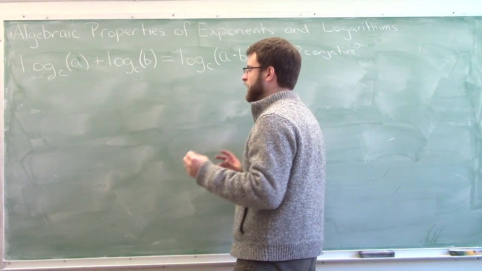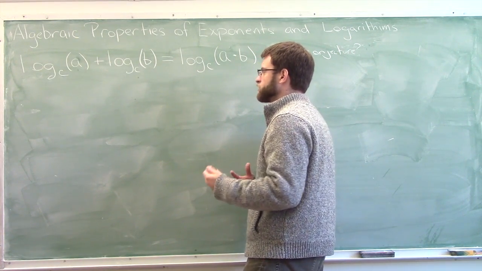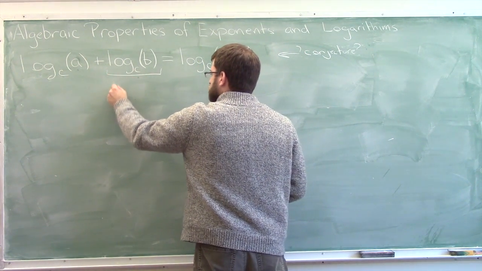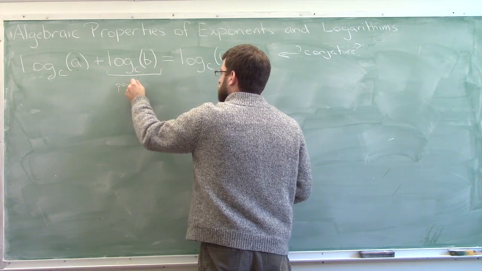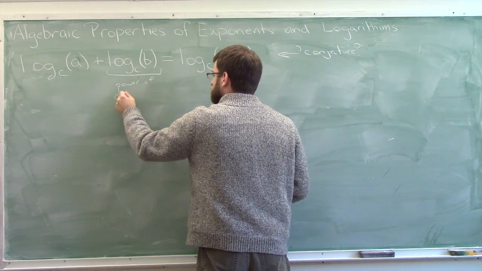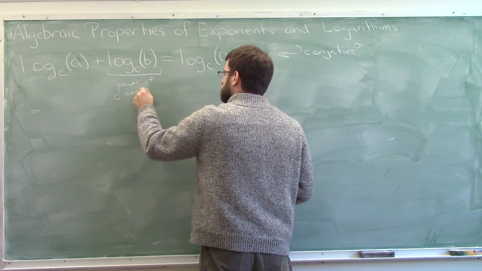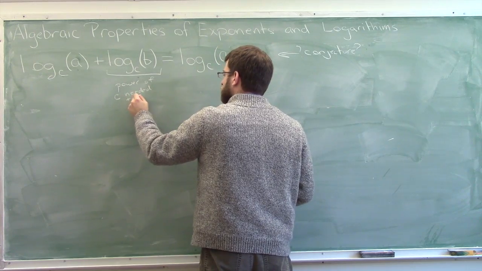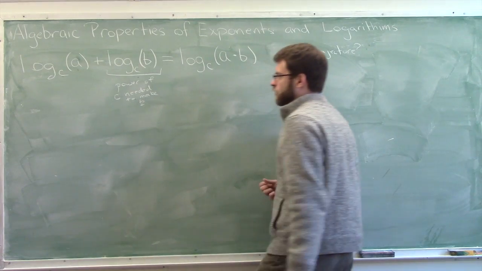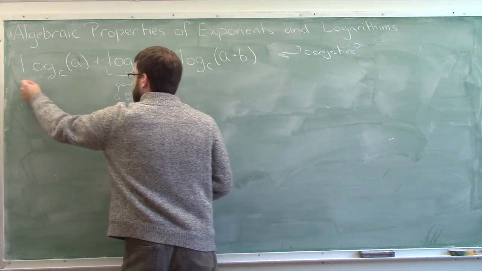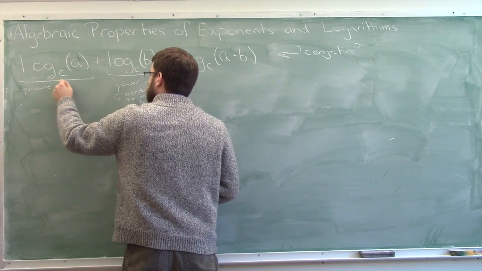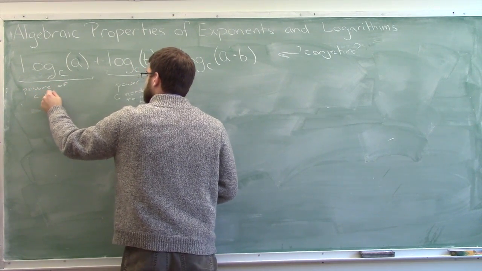So let's think back to the definition of the logarithm, what question it's answering. So this thing is the power of c needed to make b. Right? And this piece is the power of c needed to make a.